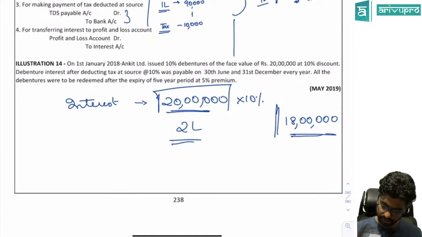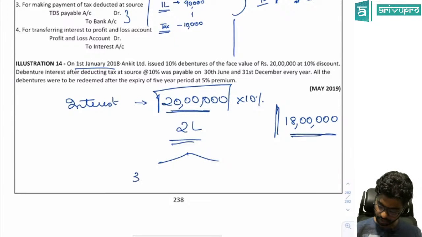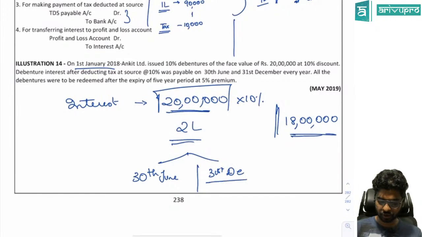Now you are issuing it on 1st January. You'll be paying interest twice a year, that is, once on 30th June and once on 31st December. Are you clear?